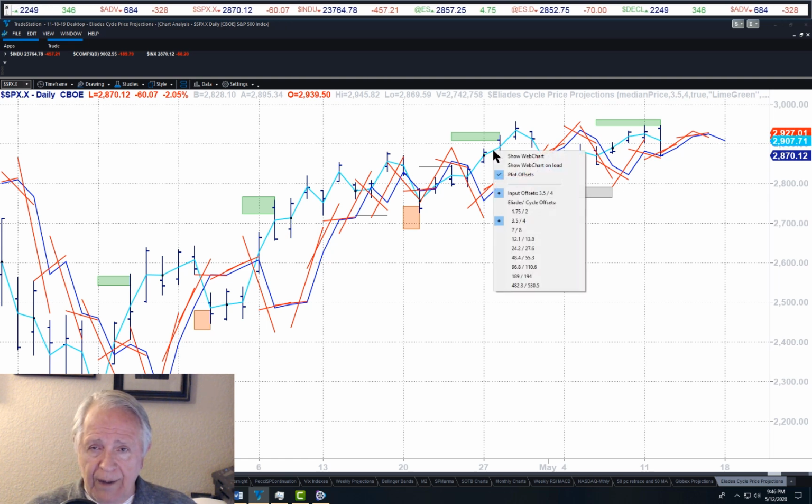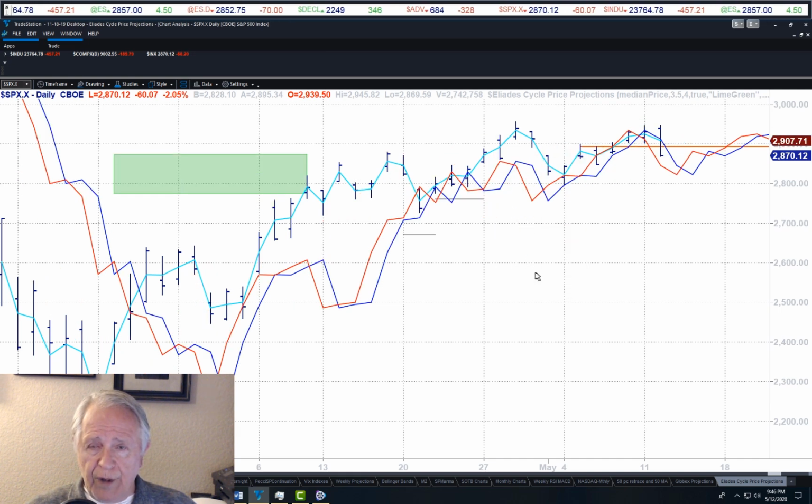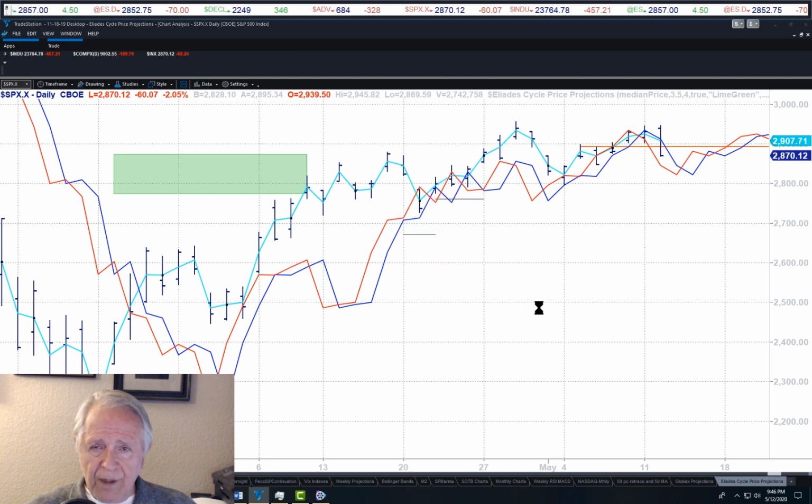So you'd click on either the signal bar, the median, or one of these offsets and go to the next longer offsets. And that will show you, yes, you have higher ones here, but you've already met those. How about here? Let's click on the signal line again. Go to the next longer offsets, 12.1 to 13.8.